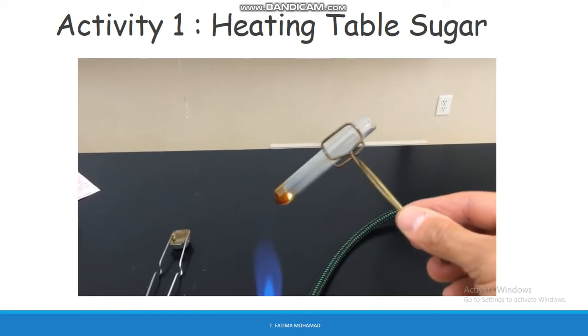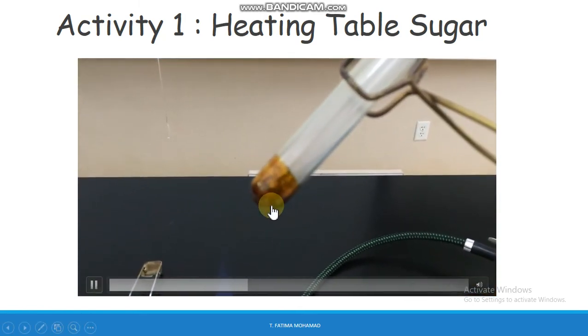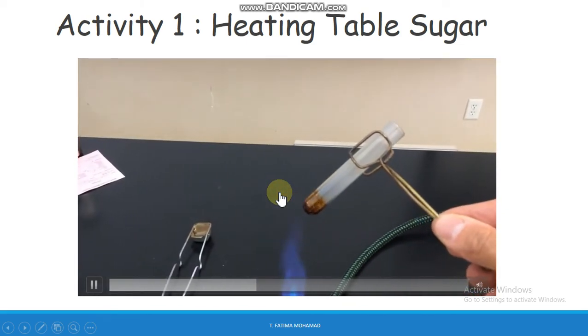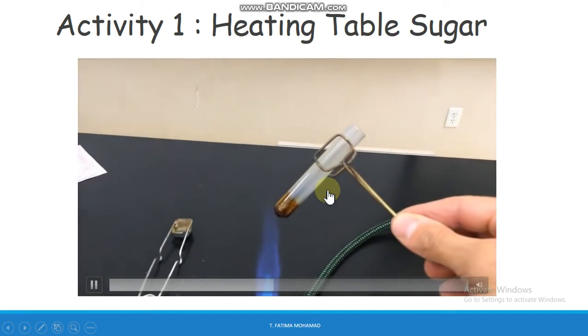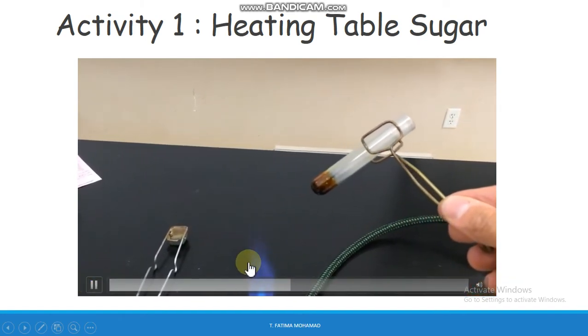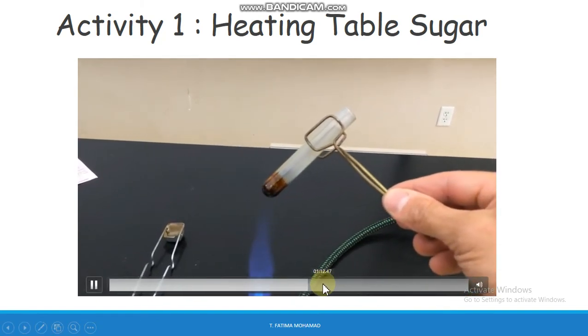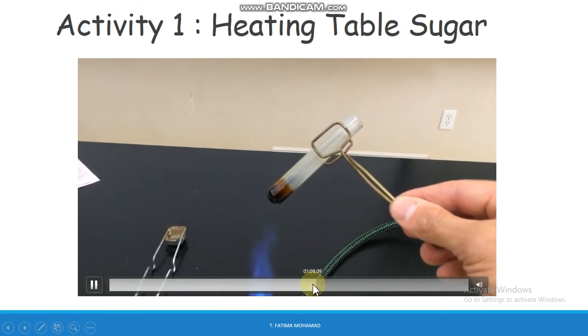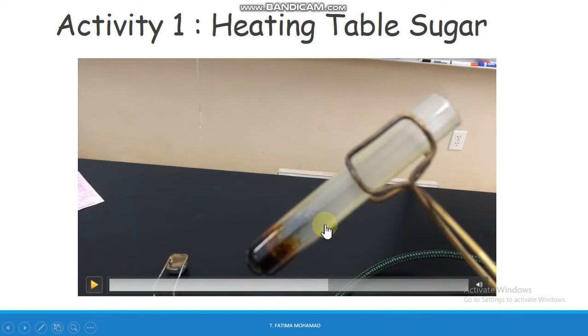Continuous heating, as you can see, will cause the formation of a black deposit, which is known as carbon or charcoal. You see also on the walls of the test tube we have droplets of water.